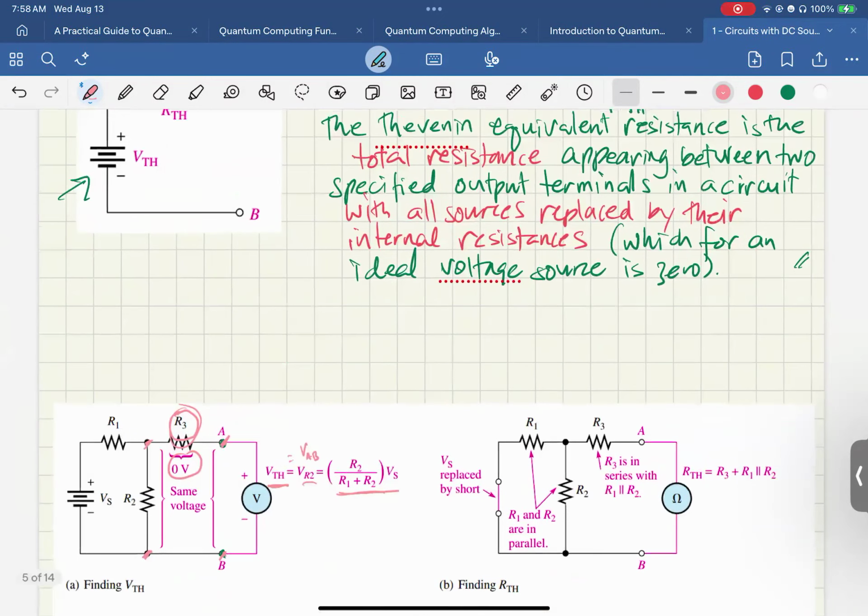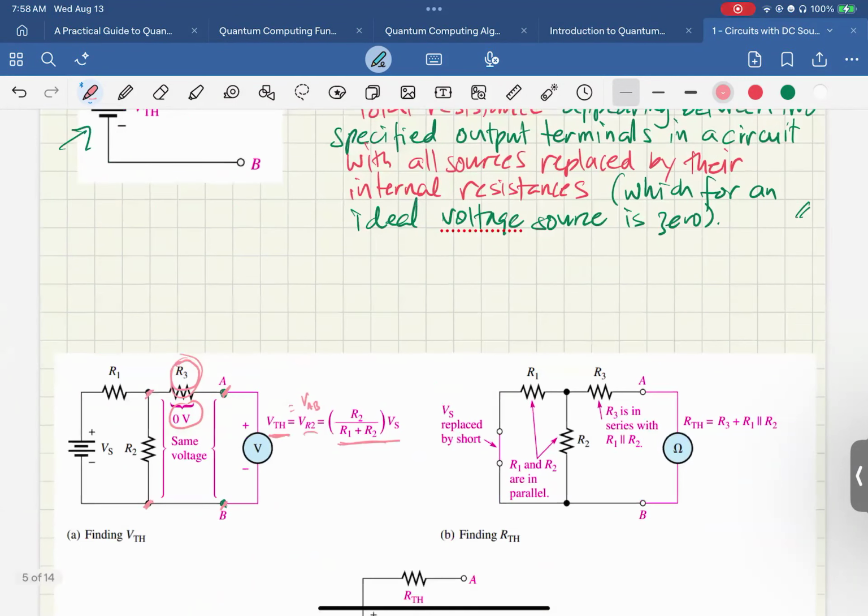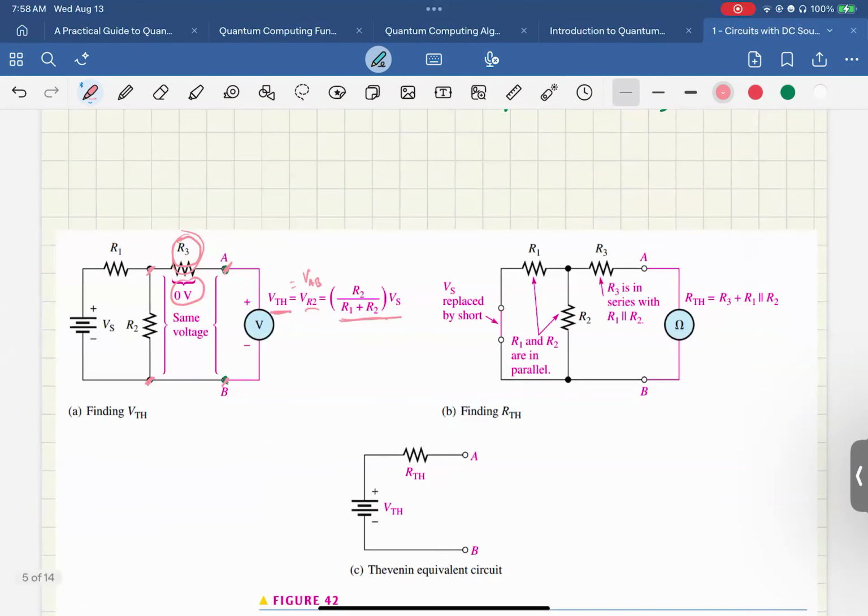What about RTH? What it says here is you replace all sources with their internal resistance. In this case, no internal resistance was given for V sub S, so we are going to replace V sub S with a short. So V sub S is replaced by a short.